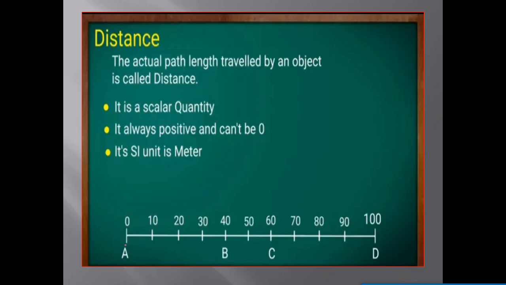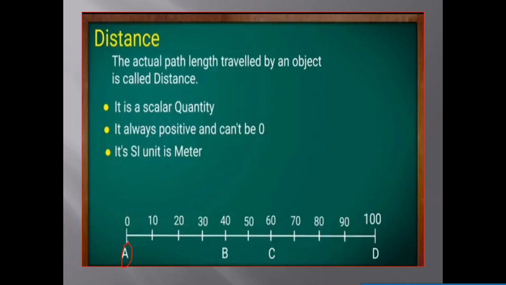Here I have taken the object A. Say that the object is at position A, and I have marked three other positions also, that is B, C and D. Here let me take this as the 0 point, that is the initial position, and 100 as the final position. The final position changes according to the reference point we take.